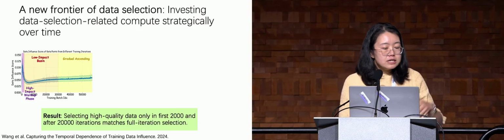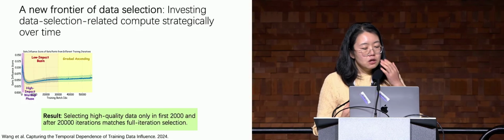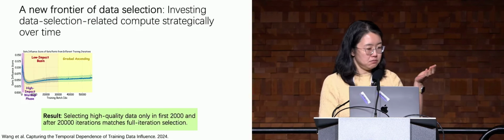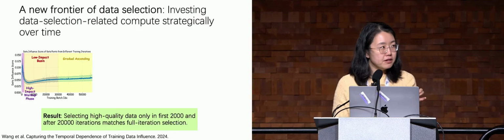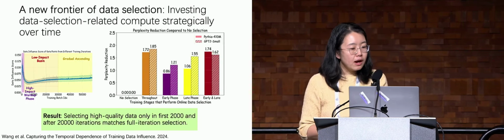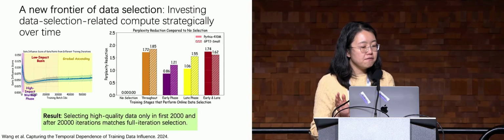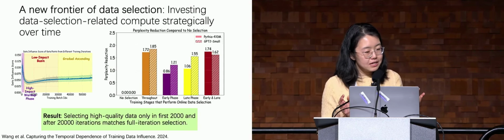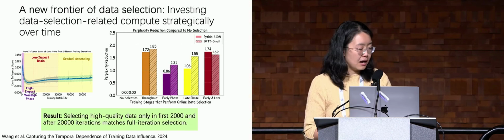Okay, so this non-static influence actually points to a new frontier of data selection. Because the data influence is not static, and it has this clear phase where the model is less influenced by the data, this inspires a new idea for data selection. That means you can strategically invest your data selection-related compute across time.